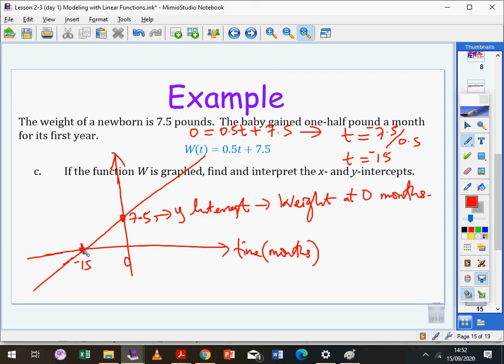But in terms of practical sense, it doesn't make any practical sense for this baby to have a weight of 0 at negative 15 months. Their parents haven't even met probably at that age. It just doesn't make sense. The x-intercept is not a meaningful quantity for this relation. That's what I'm trying to say.